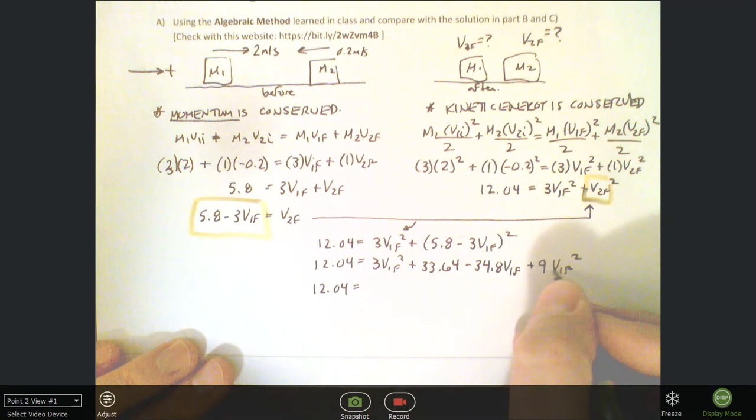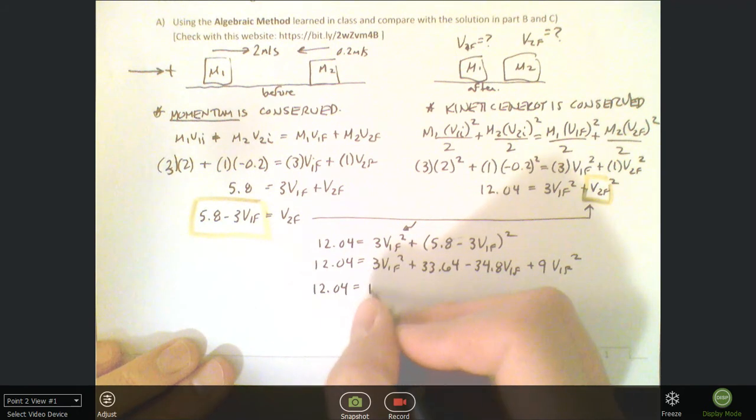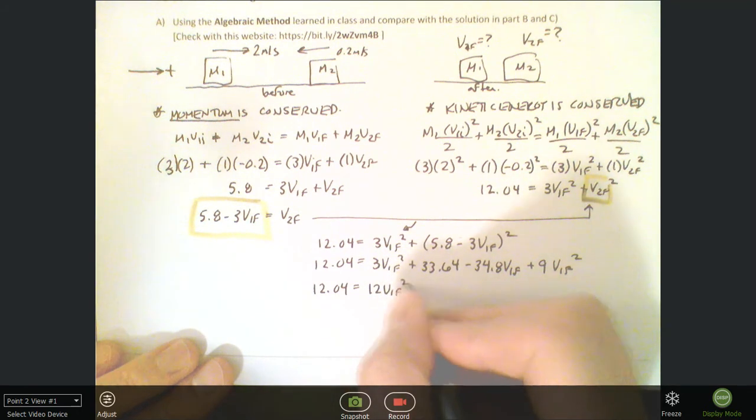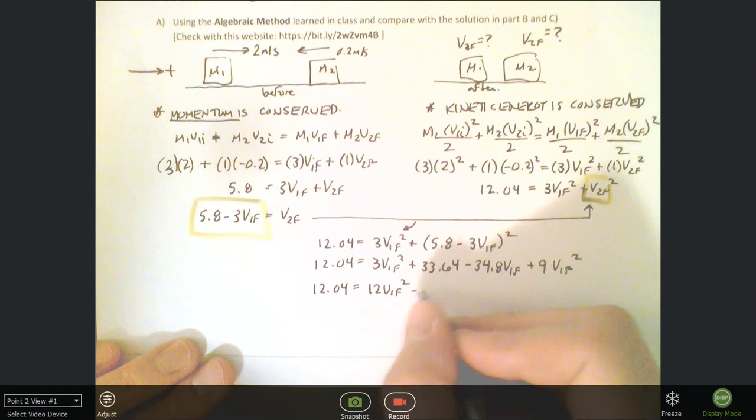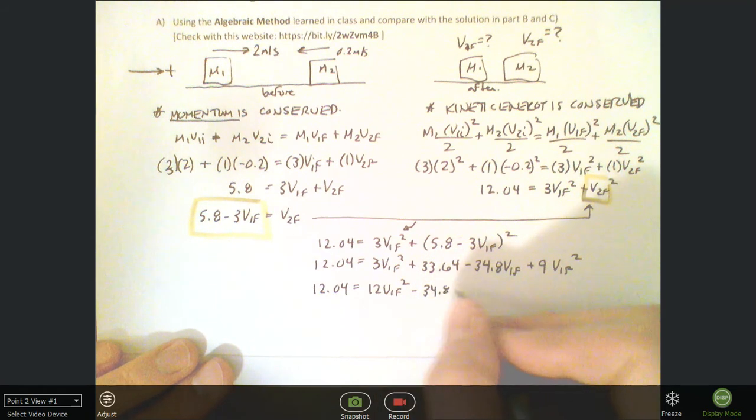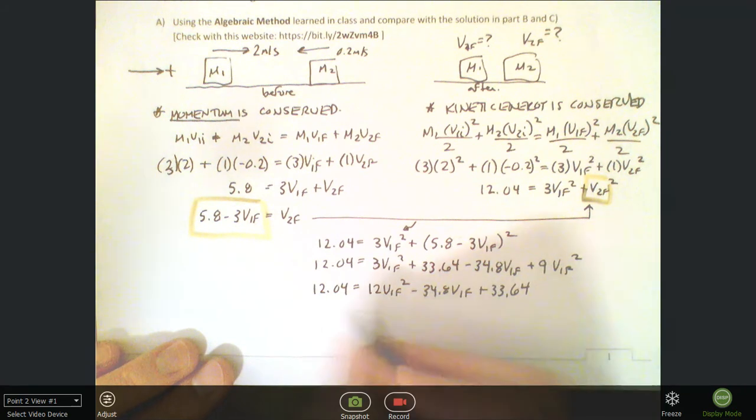We've got 12 v1f squared minus 34.8 v1f plus 33.64. And then bring this over.